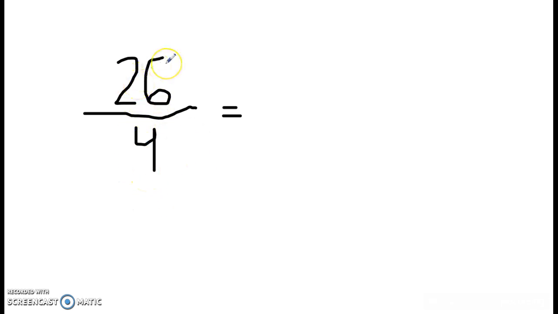So if I were to divide 26 items into 4 groups, how many times could this 4 go into 26? A lot of you are probably already thinking, well, 6 times, because you know that 6 times 4 is 24. So if I took that 6 times 4 is 24, I would have 2 left over, because 26 minus 24 is 2.